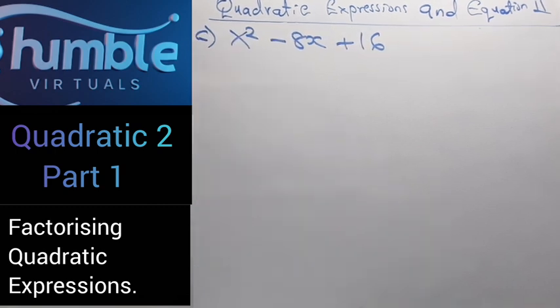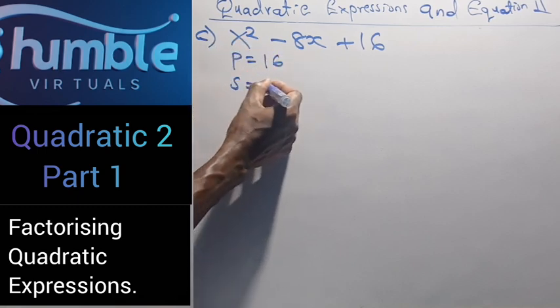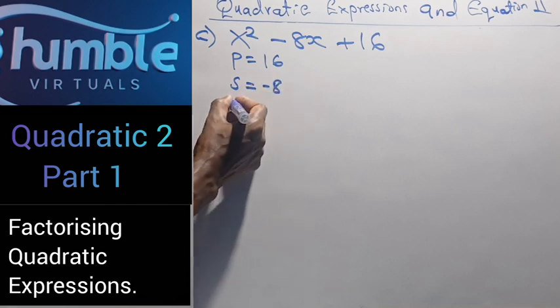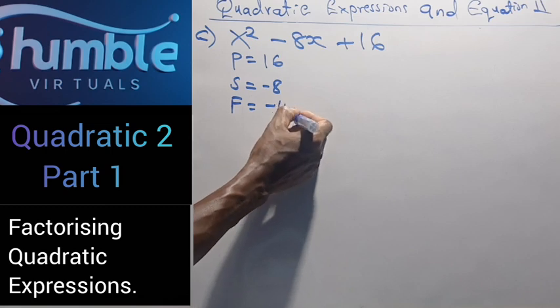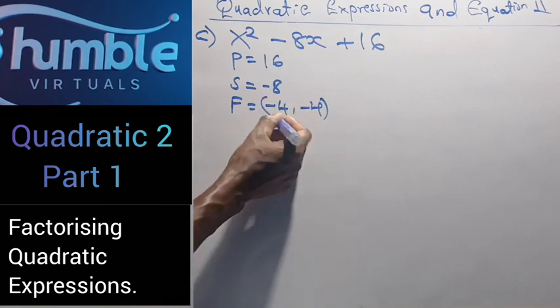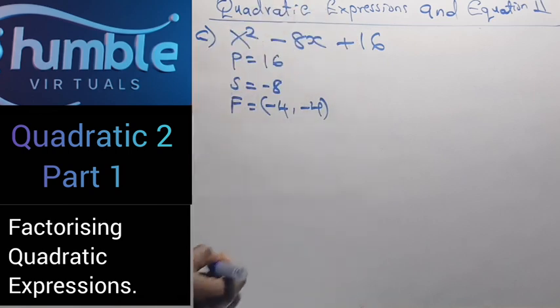Part C, x squared minus 8x plus 16. In this case, product is 16, sum is negative 8, factors are negative 4 and negative 4. So these factors here are going to replace the middle part of our quadratic expression.